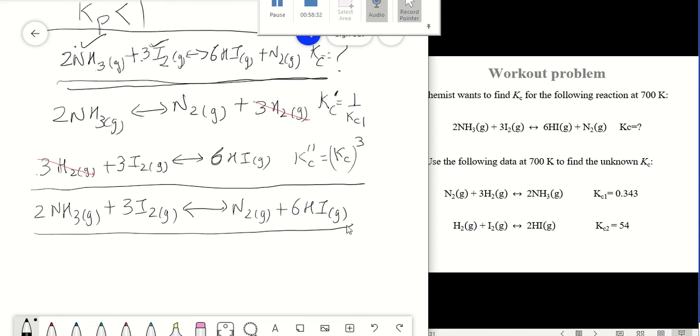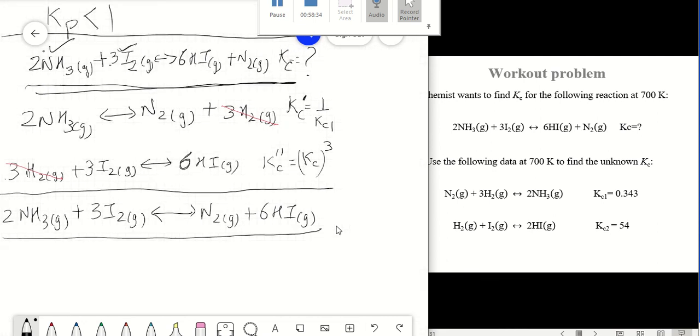So if I added these two, what happens to my Kc whenever we add two reactions?